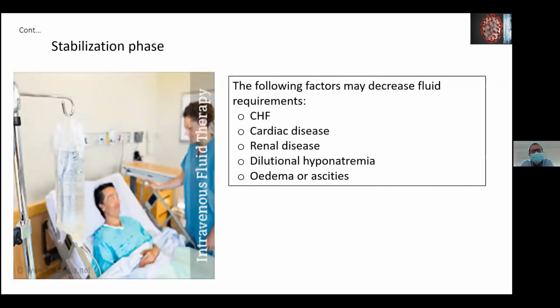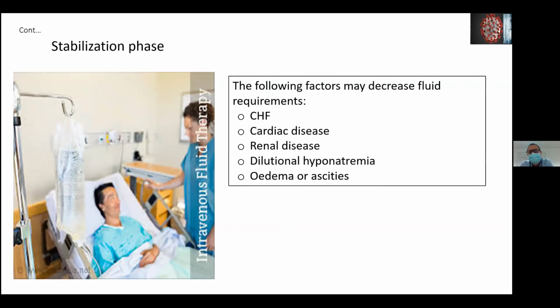Then the stabilization phase. When you have reached that phase, you have to move wisely and look at whether your patient has any evidence of poor tolerance to IV fluid.